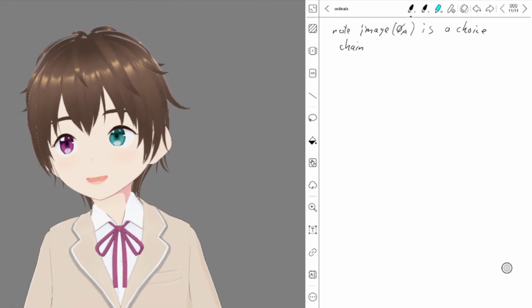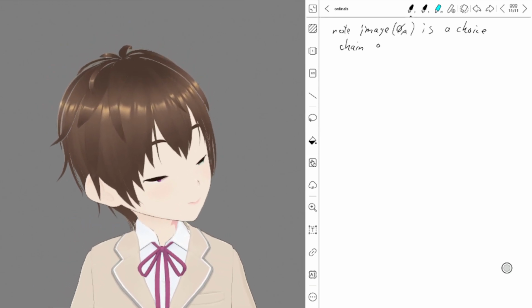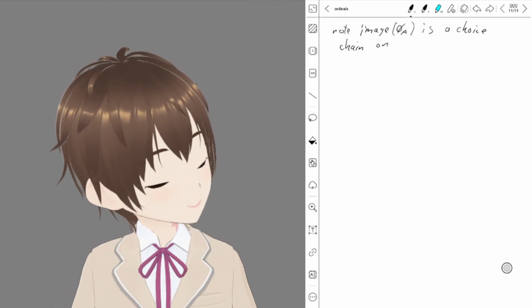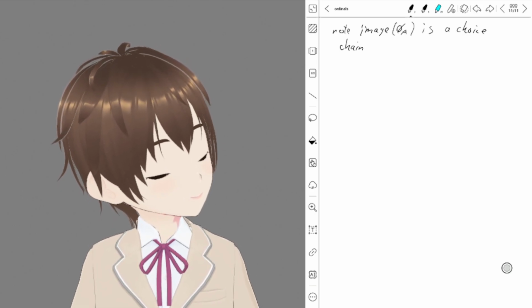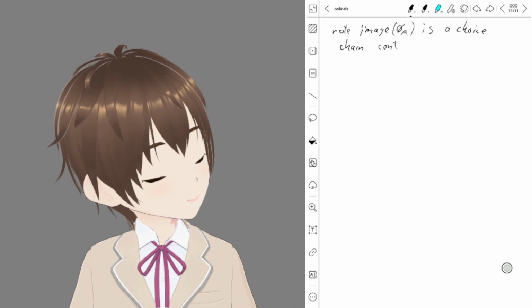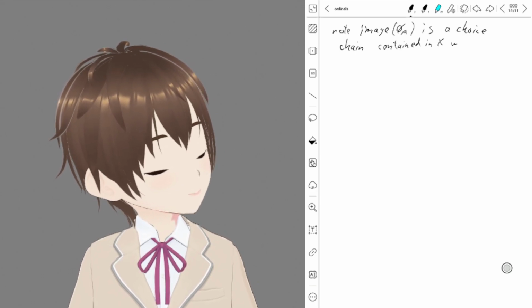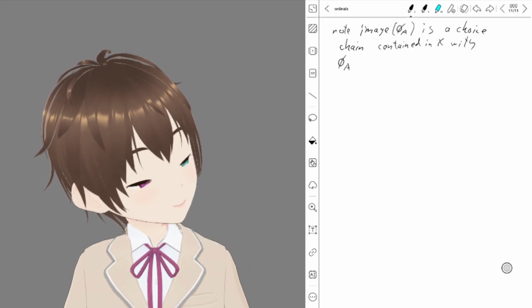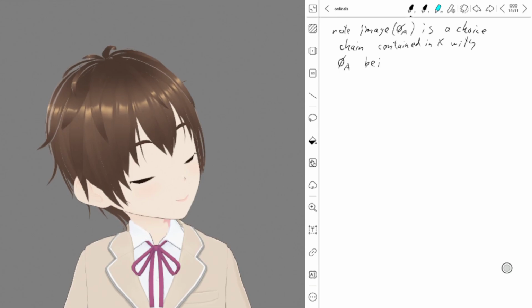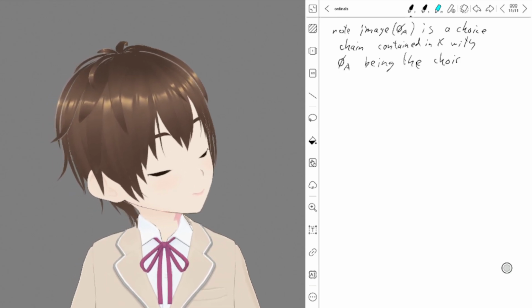It satisfies the condition because it's a union of things which satisfy the condition. Is a choice chain contained in X, with phi A being the choice chain order isomorphism?